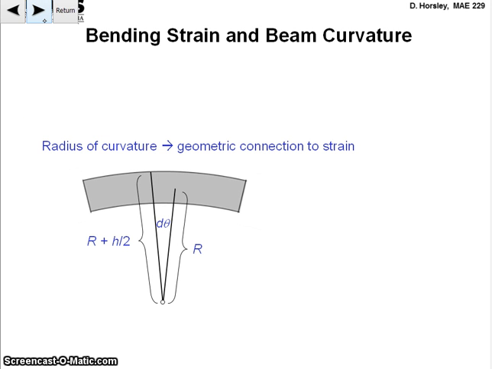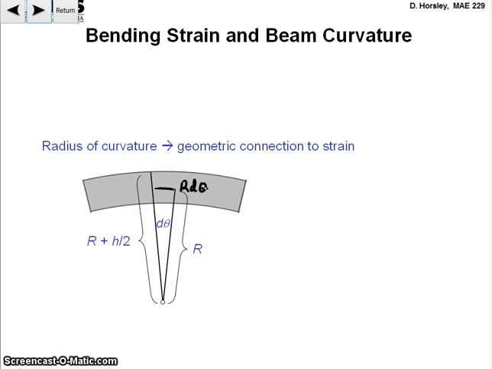So it turns out that the bending strain is related to the curvature of the beam by geometry. If we look at this segment here, r is the radius of curvature of the beam, and this little arc length here is obviously r d theta.